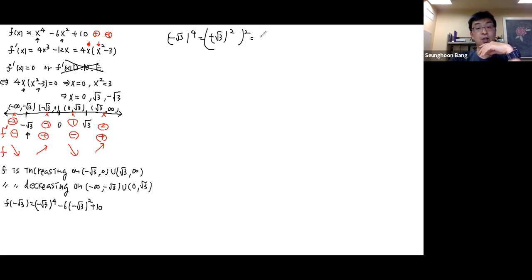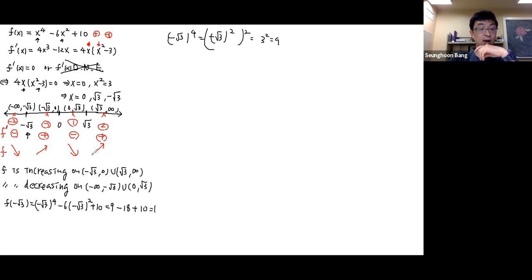Negative root 3 squared is 3, and 3 squared equals 9. So we have 9 minus 3 times 6, which is 18, plus 10.